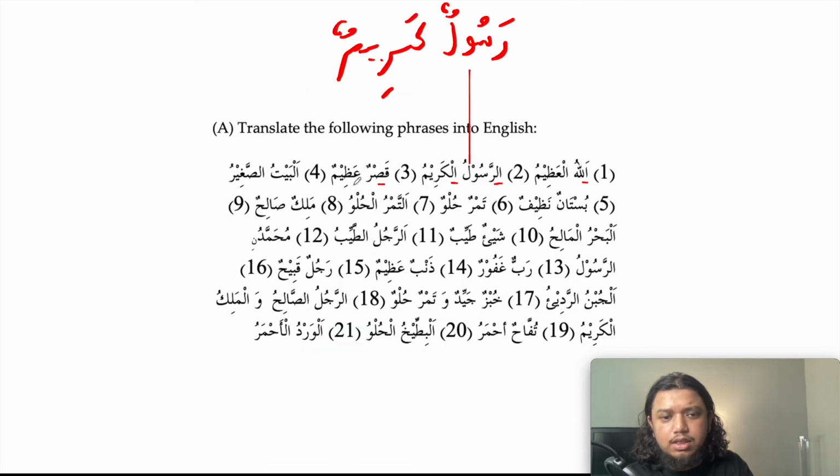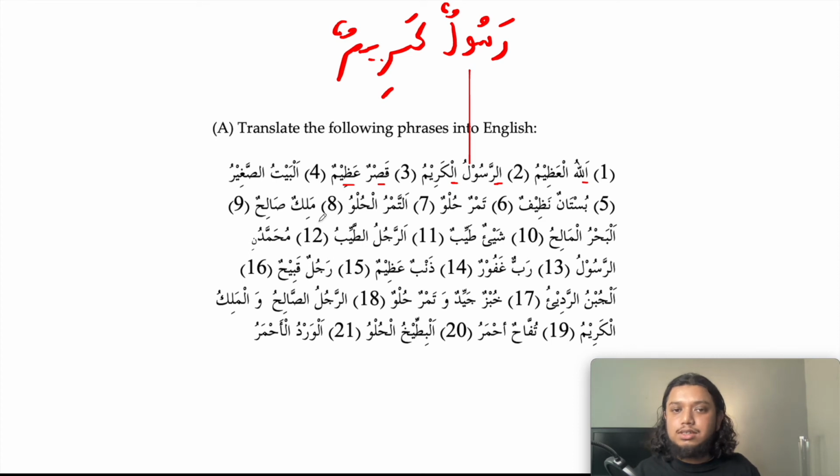Qasrun Azim. Unlike murakkab tamm, which conveys a complete meaning and is also known as a sentence, murakkab tawsifi doesn't convey a complete meaning. Qasrun Azim, a great palace. What about it? Was it just built? Is it nice? Are people surrounding it? What about it? The information is not complete. We're just mentioning a great palace.